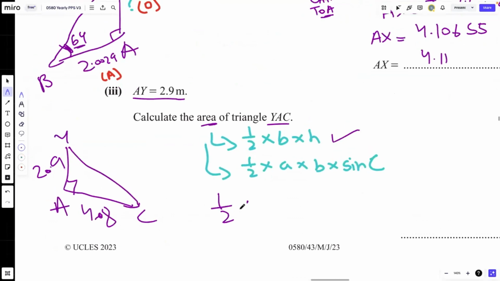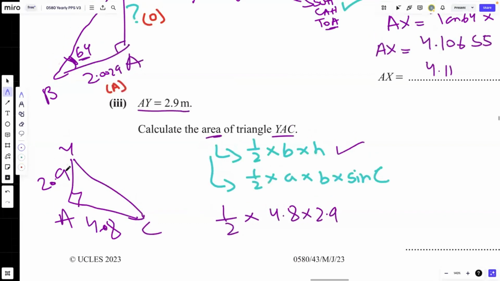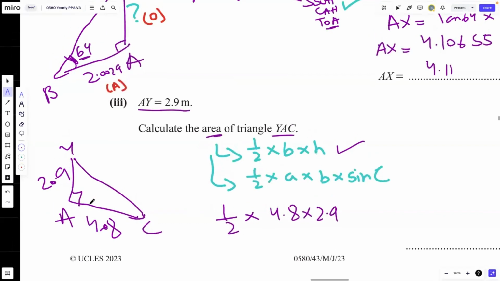We have base as 4.8. How do I know that's the base? Because I'm taking 2.9 as the height and they're both perpendicular. So it's actually vertical height, and perpendicular to that is the base on ground level, which is 4.8. So straightforward, gonna be this. You could have used the other one as well, by implying that the angle should be 90 degree.